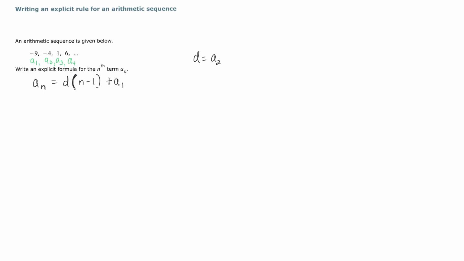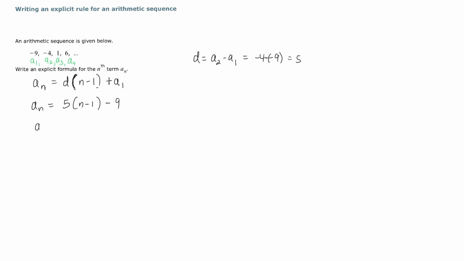So we're going to take a sub 2 minus a sub 1. The order does matter. You have to do a sub 2 first. So negative 4 subtract negative 9. Subtract negative 9 means add 9, so we get 5. a sub n is now equal to 5 times n minus 1 minus 9.